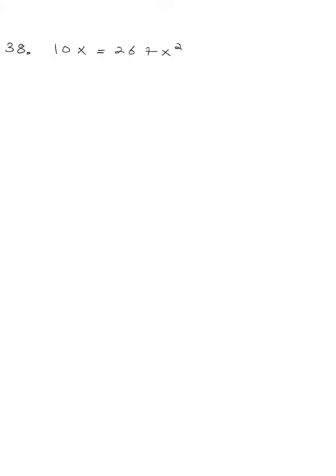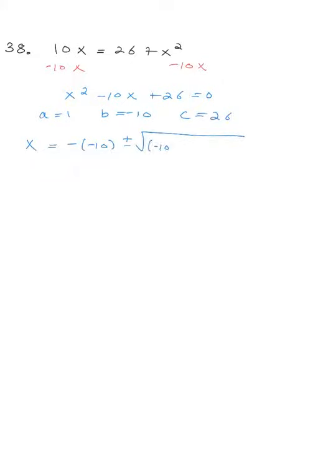Okay, I'm going to subtract 10x from both sides, and I'm going to reorder this, so it's x squared minus 10x plus 26 is equal to 0, meaning a is 1, b is negative 10, and c is positive 26. My solutions are going to be negative b, negative 10, plus or minus the square root of negative 10 squared minus 4 times 1 times 26.